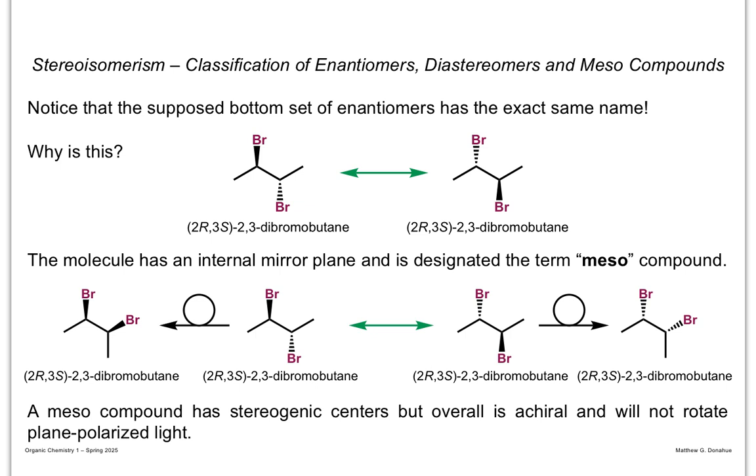So a compound that has stereogenic carbons, which I'm holding, and then it has an internal mirror plane, is called a meso, M-E-S-O, meso compound. So one way to think about it is, if you put it in the polarimeter, the light gets rotated a little bit one way, and then a little bit back the other way. So meso compounds have a specific rotation of 0, even though they have stereogenic centers.